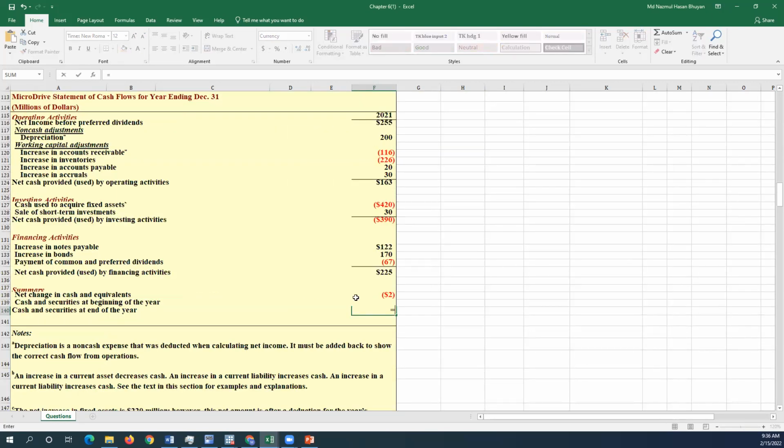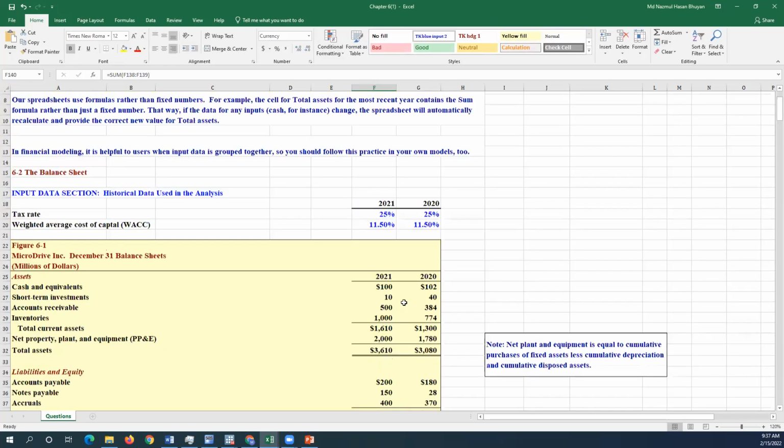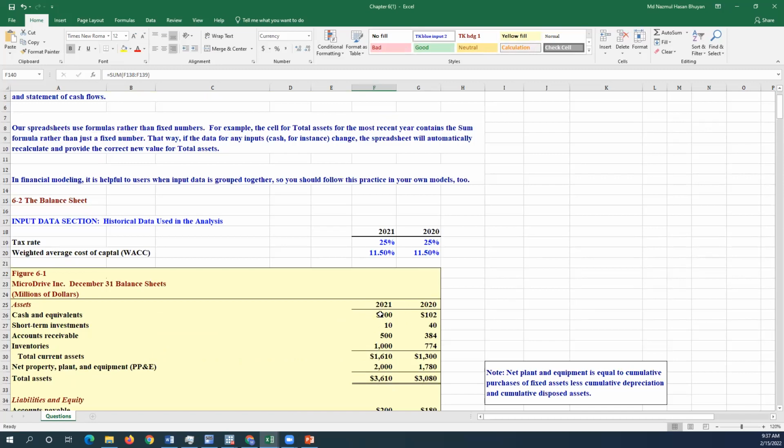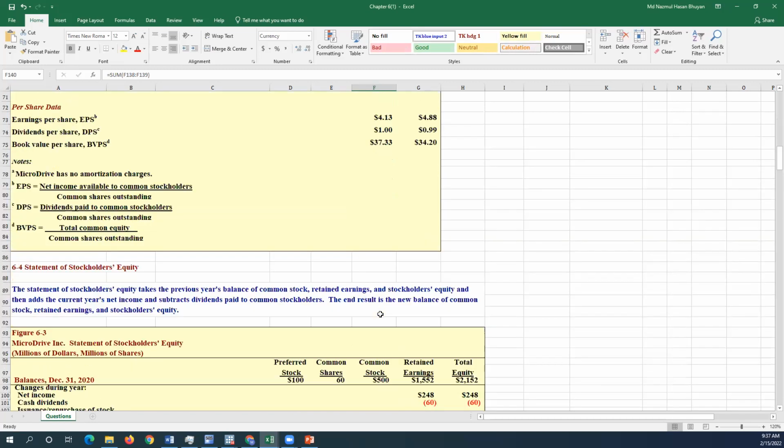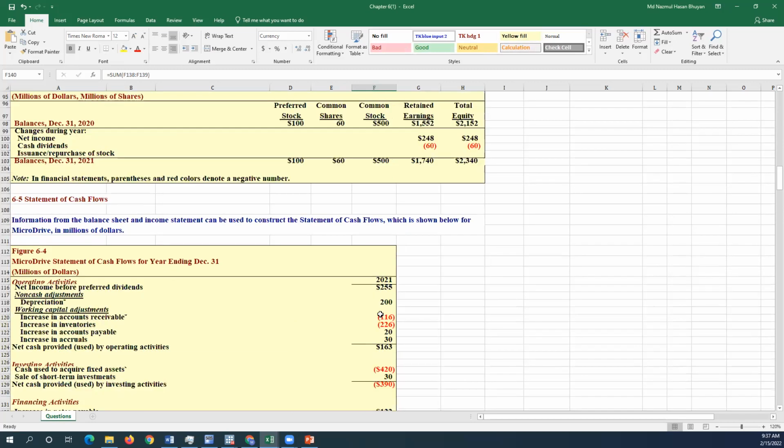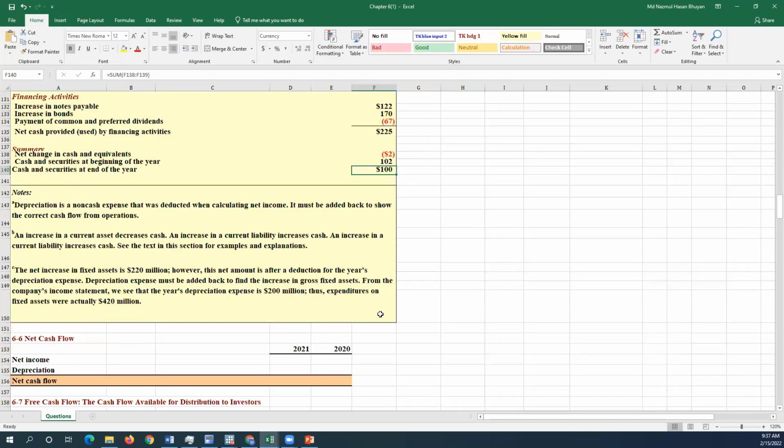Then the ending balance of our cash and cash equivalents is $100, which is exactly what we have here, $100. Okay, so now our statement of cash flows is also ready.